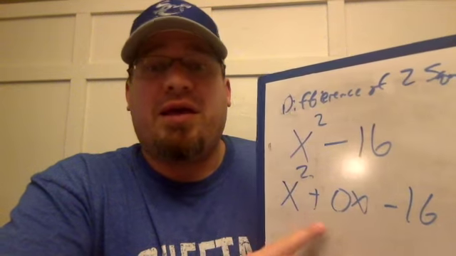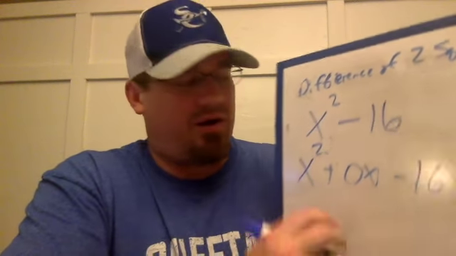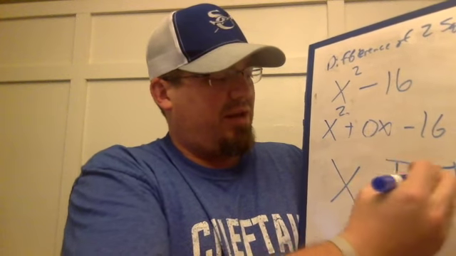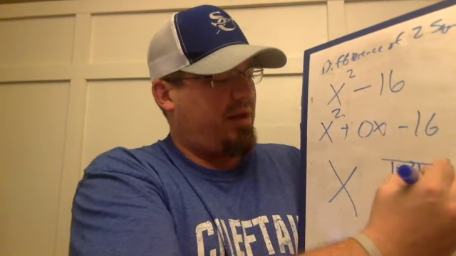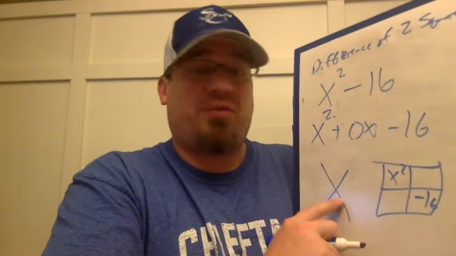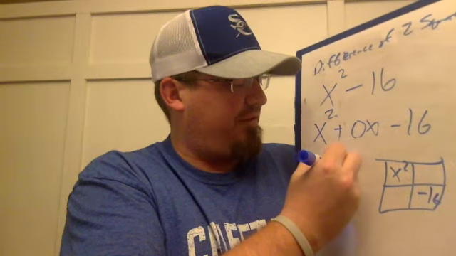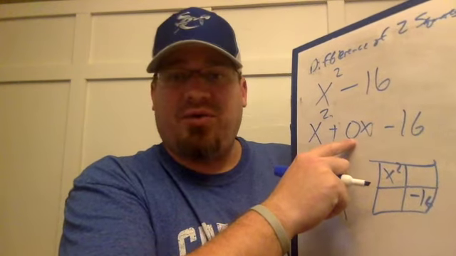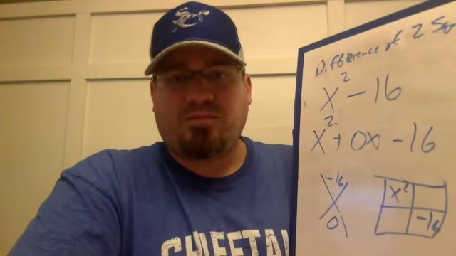Okay, but if we were to factor this term right here, I would do my X in my box, and in my box I'd have my first term and my last term, right? Now in my X, remember my last number goes first, so I'd have negative 16, and then in my bottom I would have the middle term, 0.